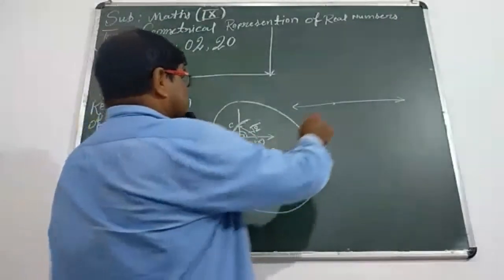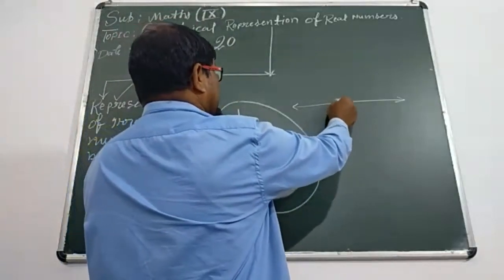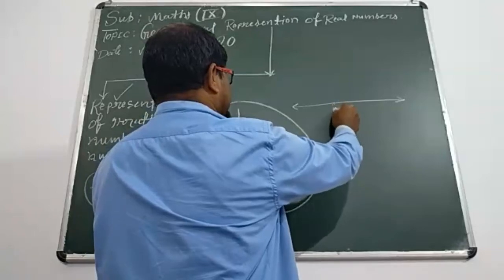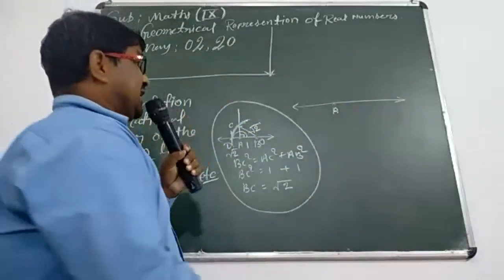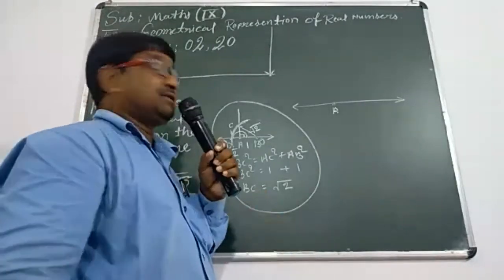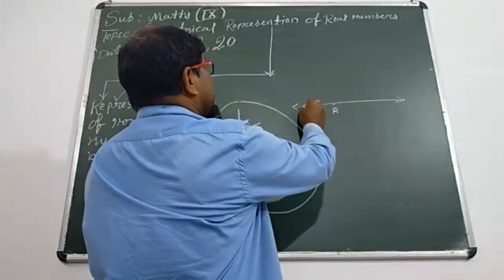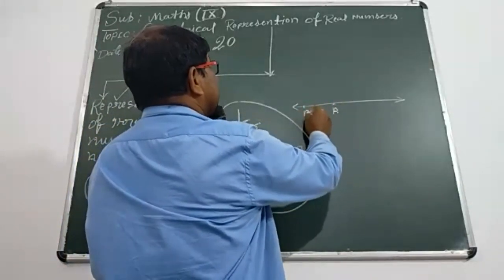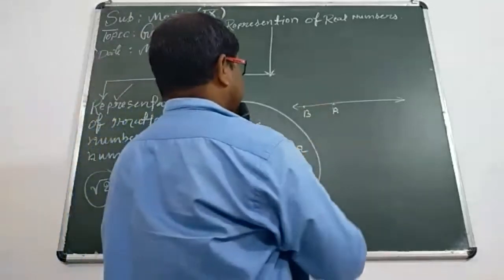Now student, so this is your taken point on the line. Suppose that this is A. Now we will take 1 unit in this side. That side is B. Now check again.